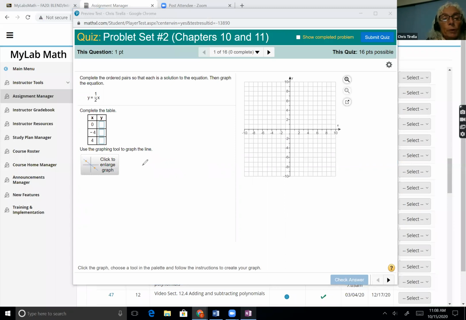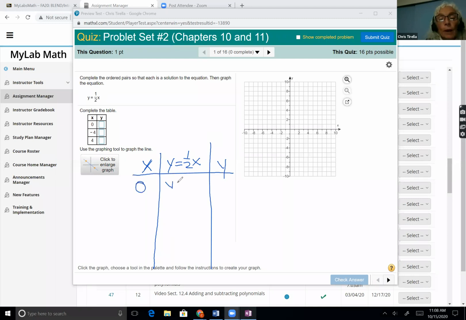So over here, and what I write on the screen would probably be pretty close to what the supporting work would be. We're given X values, and we want to find Y values. The equation is Y equals 1/2 X. I like to make the table with the equation in the middle. So if X is 0, Y would be 1/2 0, which is 0.